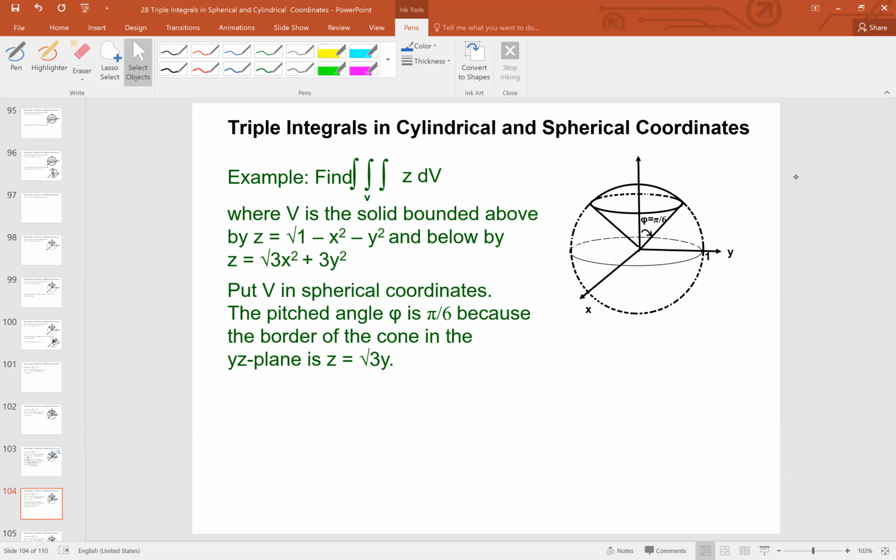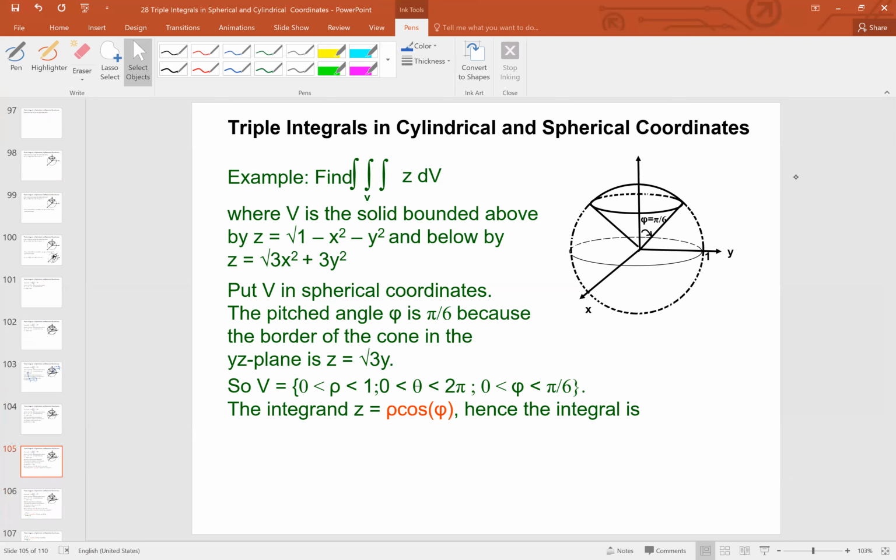Now it's easy to describe this in spherical coordinates. Rho is between 0 and the outer sphere of radius 1, and theta is again 2 pi, 360 around. Then the pitch angle is only up to pi over 6.